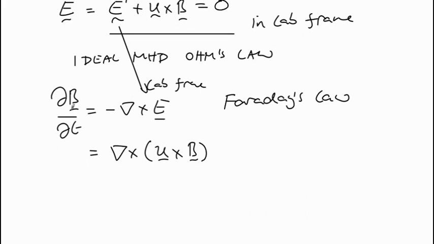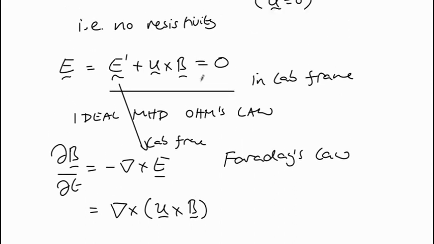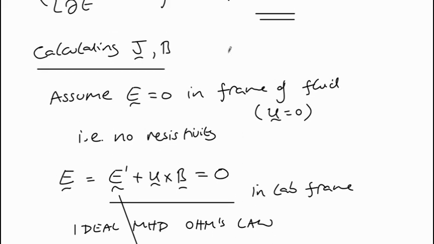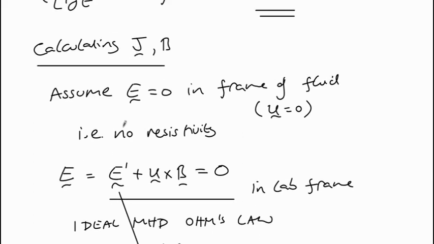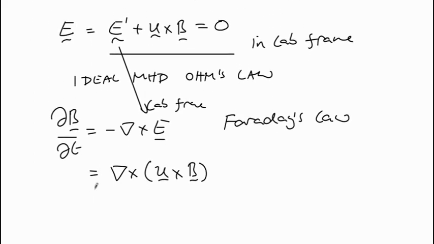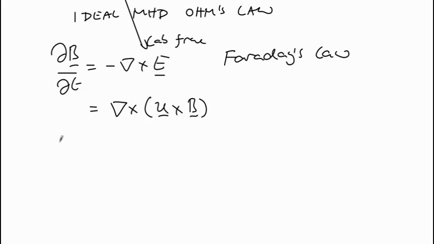So we now have an equation for B, which involves things that we know, so just the fluid. The other part we need to know is the current. So we need to know how is J determined. So now we need an equation for the current J, and to do that we can use Ampere's law. So we have curl of B equals mu naught J, and then we have Maxwell's terms, the displacement current.